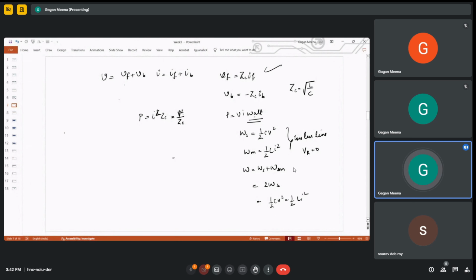So for a given voltage level, the surge power is V square by ZC, dependent on the voltage. If the voltage level is the same, then it is inversely proportional to the characteristic impedance.